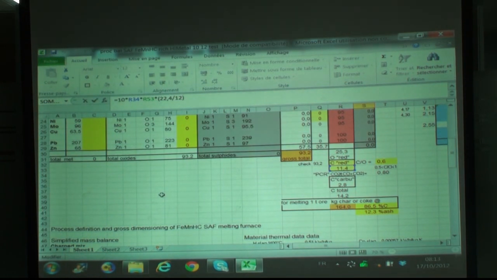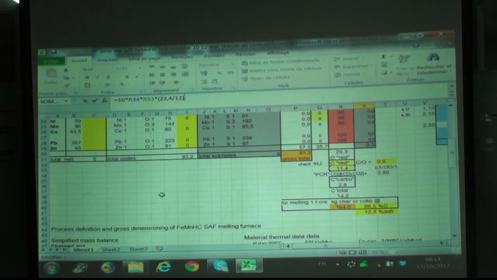when transforming carbon to CO. 1 mole carbon is 12 gram or kilo, and this gives 1 mole of CO. Of course, in kilo it is 28 kilo, but in mole it is 1 mole, and 1 mole gas is always 22.4 cubic meter normal.